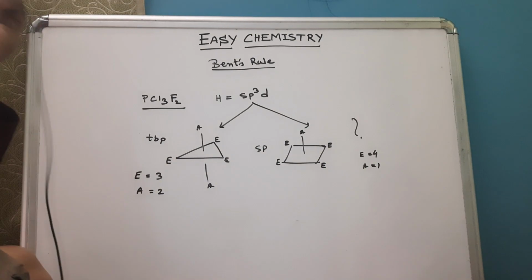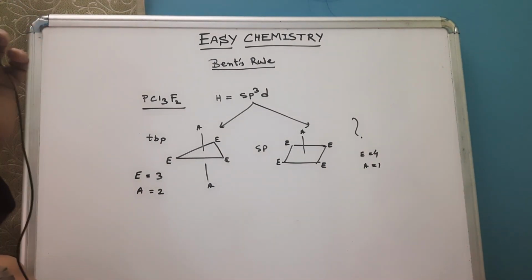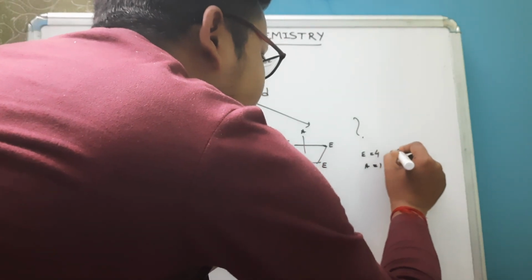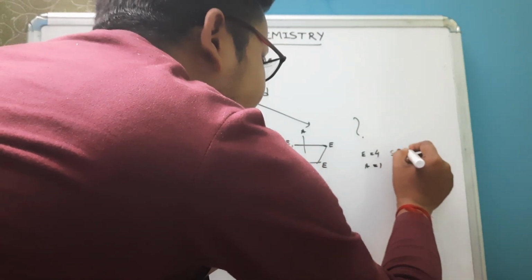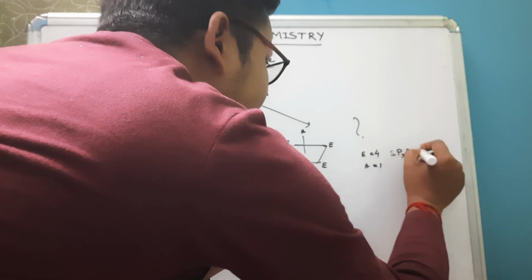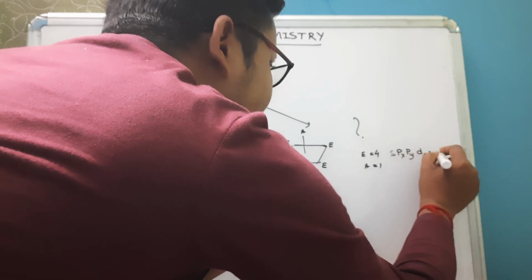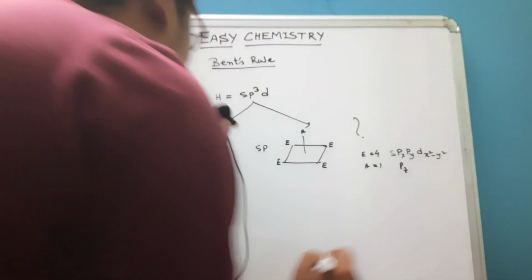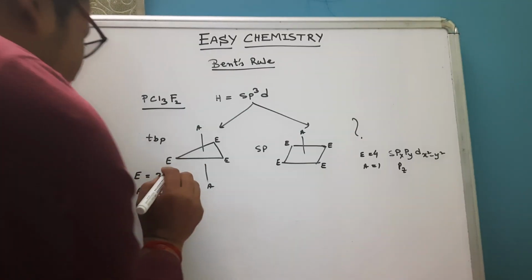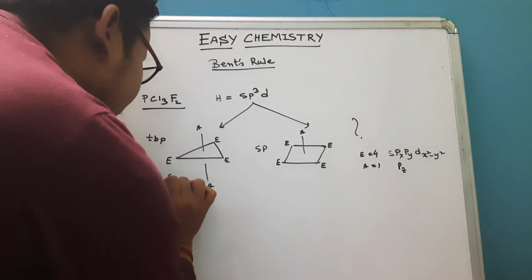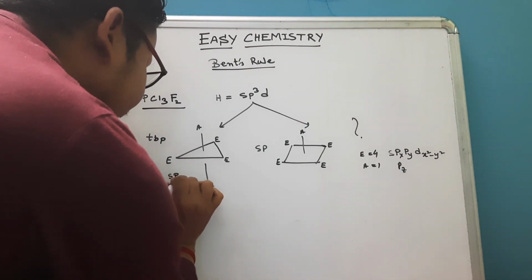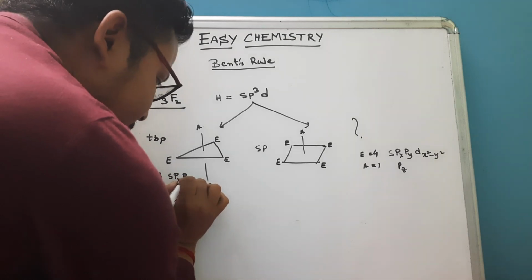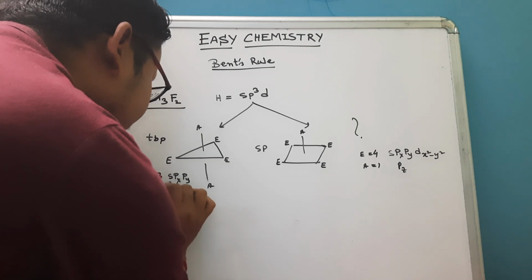Okay, and here the equatorial set belongs to S, Px, Py, and Dx²-y², and the axial is Pz. And here the equatorial is nothing but S, Px, and Py, and this gives 2.